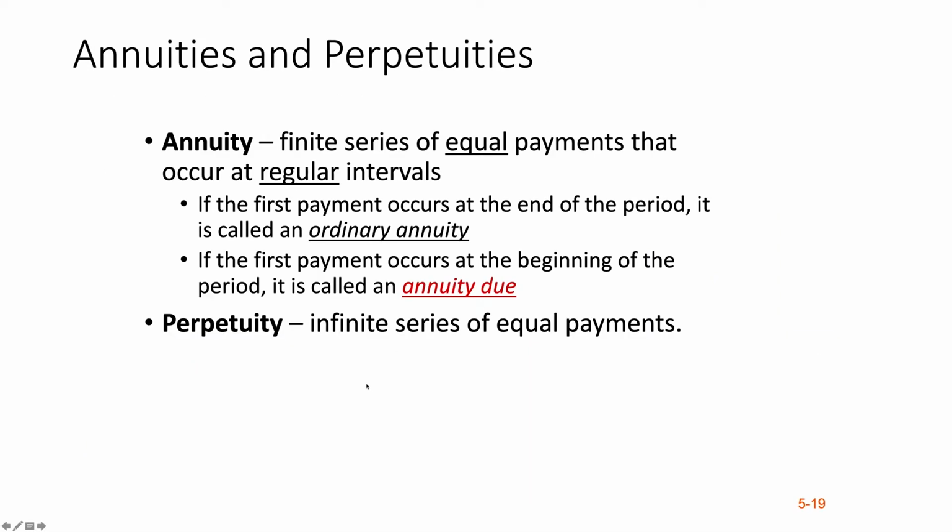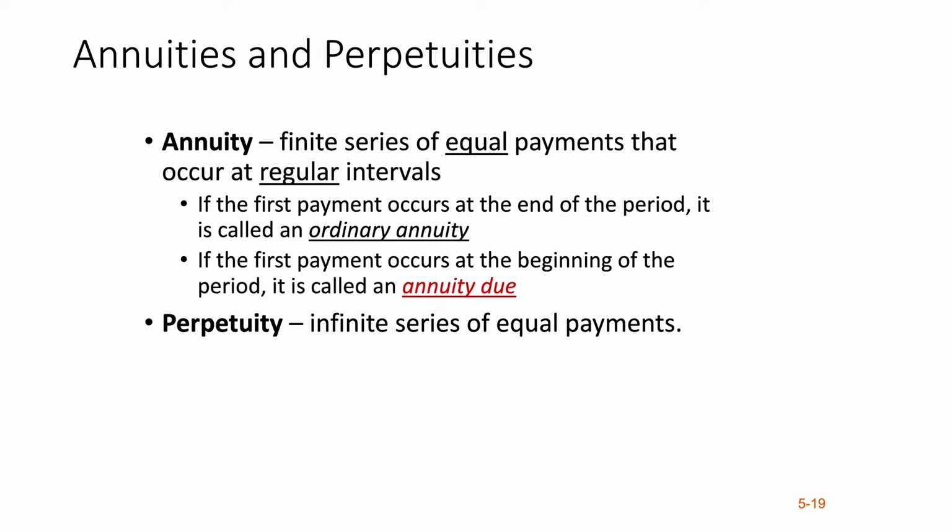A good example of a financial contract is the annuity. An annuity is a finite series of equal payments that occur at regular intervals. If the payment occurs at the end of the period, we call it an ordinary annuity.